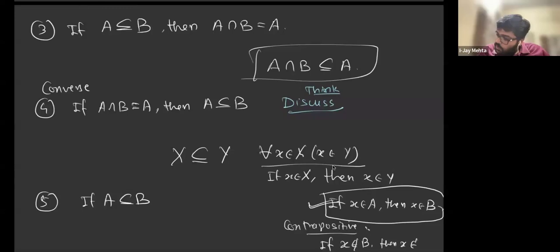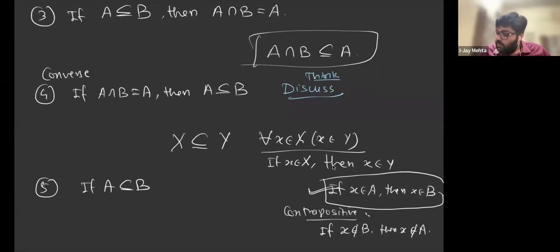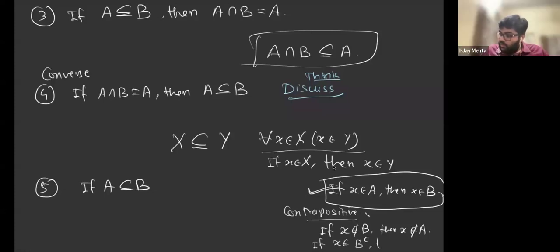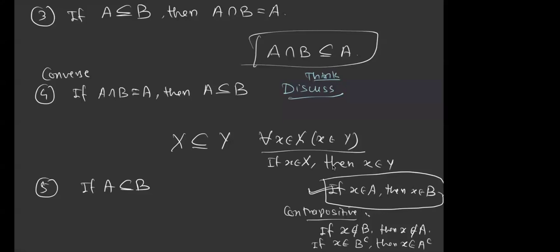But if X does not belong to B, where does it belong? It is in the complement of B. Then X is not in A, that means what? It is in A complement.